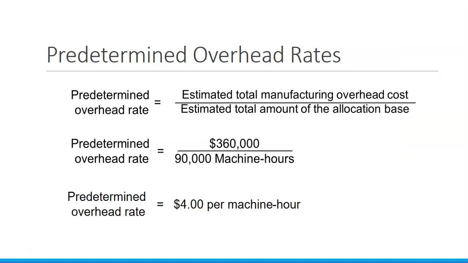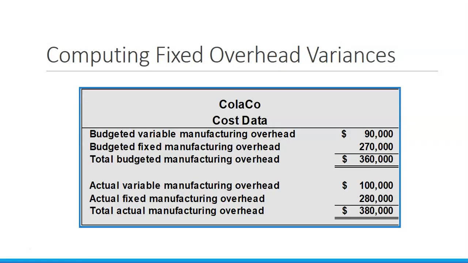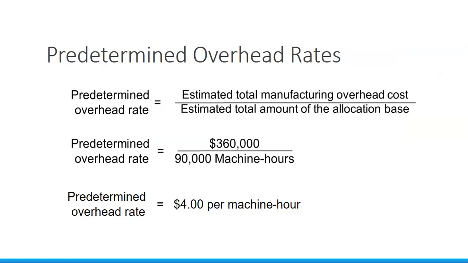So we're going to look at this predetermined overhead rate. We have 360,000 in predetermined overhead and 90,000 machine hours. That gives us a rate of $4 per machine hour.